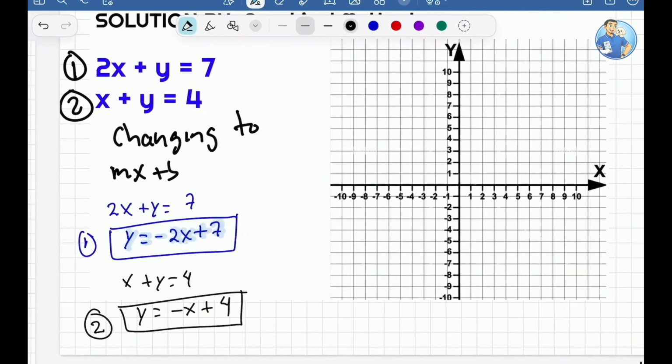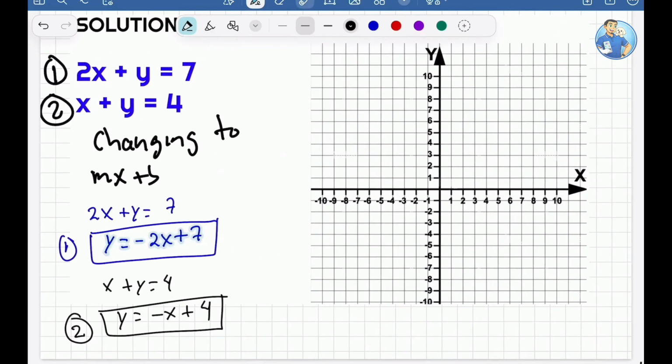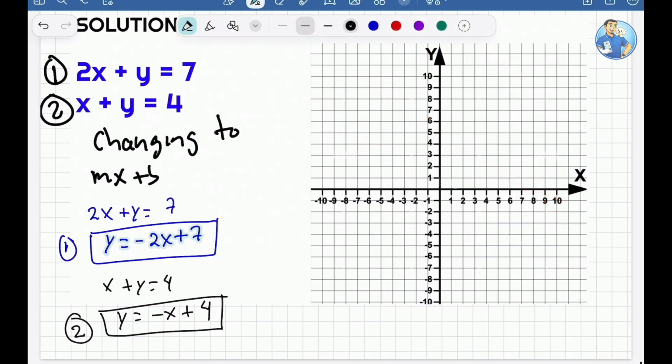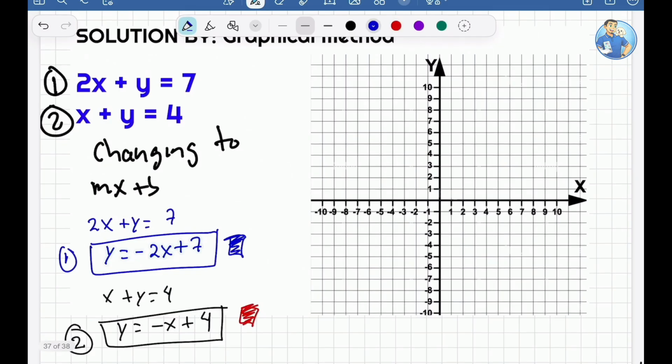Both equations have negative slopes, so they have to be going downwards. To use this method, we can use what we know about mx plus b to draw our lines. Here I want to use blue, and for this one I'm going to use red. Let me plot the first one.